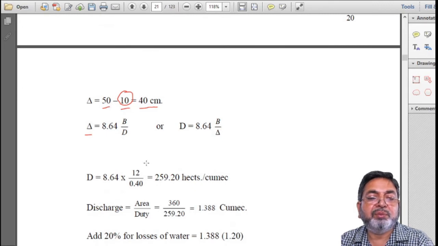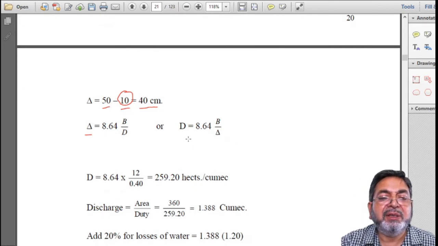So from this relation you can find out the duty. Delta is equal to 8.64 B by D. B is the base period, which is given to you as 12, and duty you have to find here.